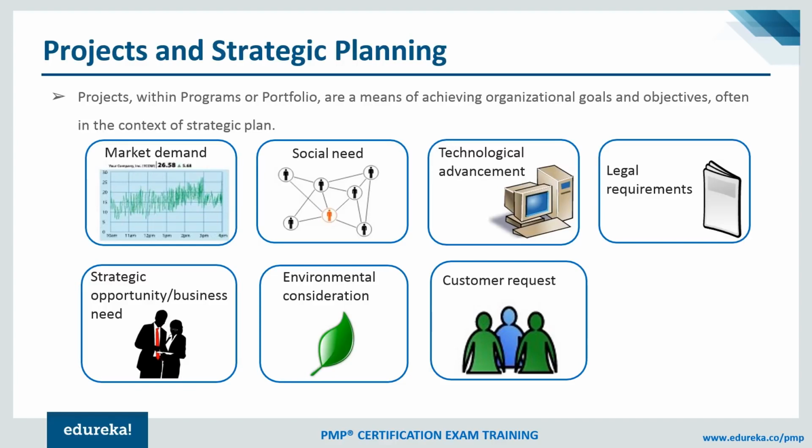Based on your experience, someone will say scope should get the higher priority. Someone will say cost. Someone will say probably time. But my answer is that it is subjective. Depending on the need, why you're starting this project, and depending on the situation and circumstances, the priority may change.